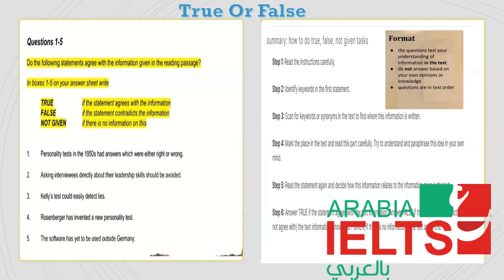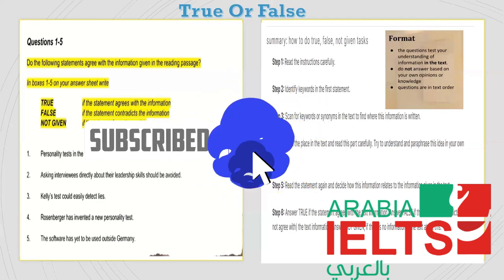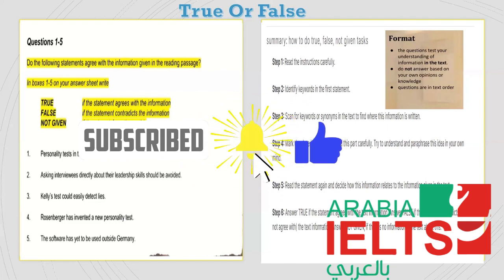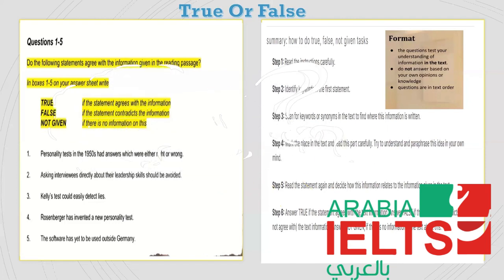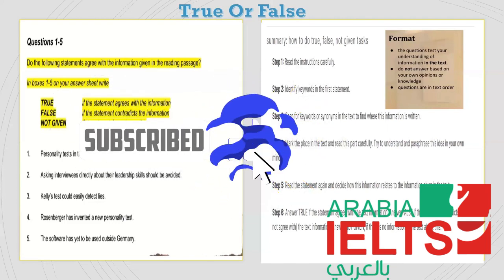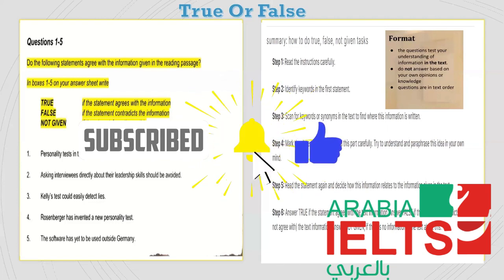Once you find something that has a similar meaning to your statement, you know that's your answer paragraph. You can put a note on it, like statement number 1, for example, and start to scan for this information, how it looks, how it's presented.